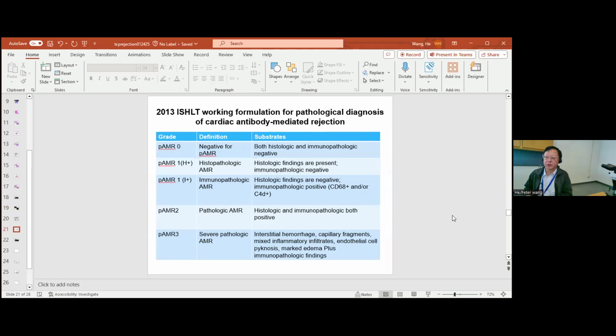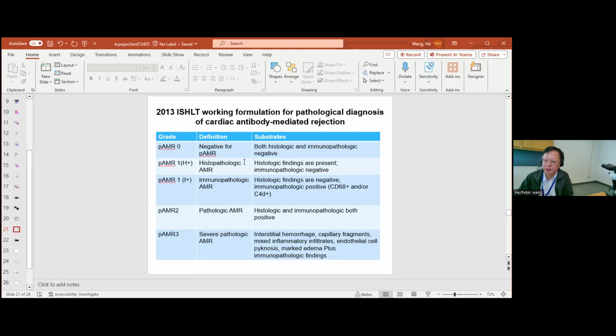This is the 2013 classification for cardiac antibody-mediated rejection. Basically, we divide it into three categories. pAMR1 could be divided into histological only or immunopathological only.